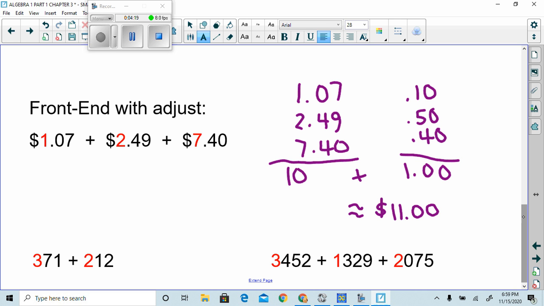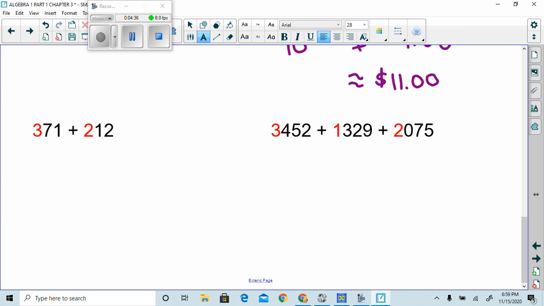Front end with an adjust. This is the adjustment here. I'm not rounding in the first part; I'm taking whatever the first digits are, adding those up. Second thing I'm going to do is round what's left over to make the adjustment. Let's see another problem. Again, I've highlighted the front end digit.